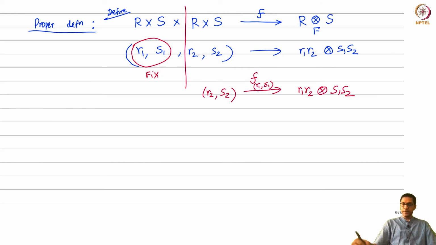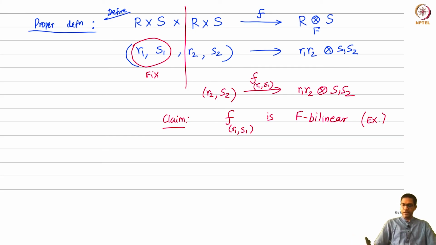Now what properties does this map have? The first claim is that this map is in fact F bilinear. So F sub R1 S1 is an F bilinear map. Again, check as an exercise: just plug in, change R2 and S2 and see what happens to the answer.